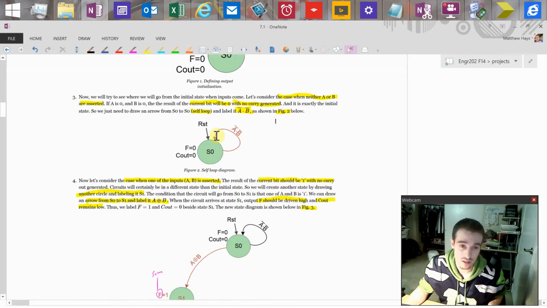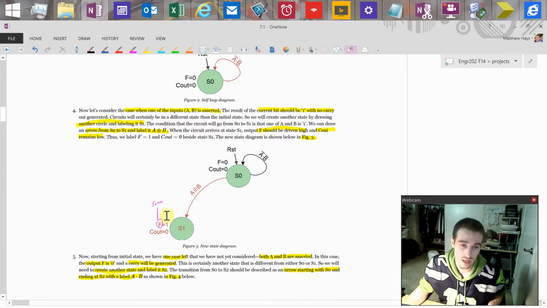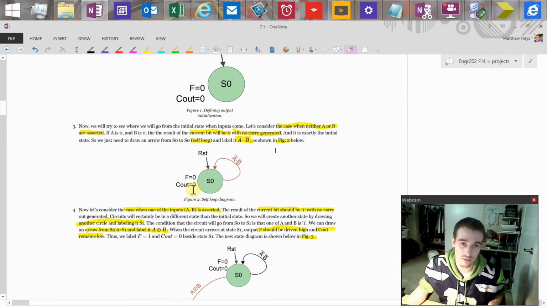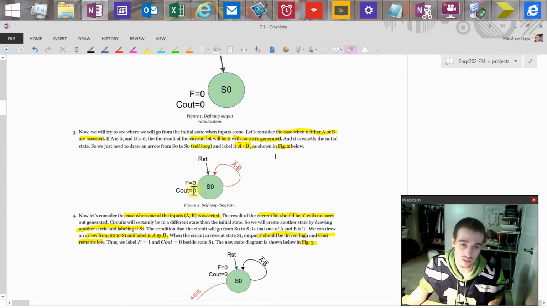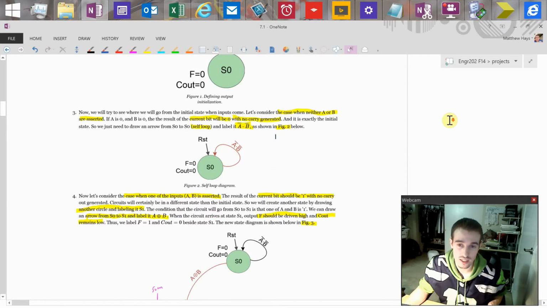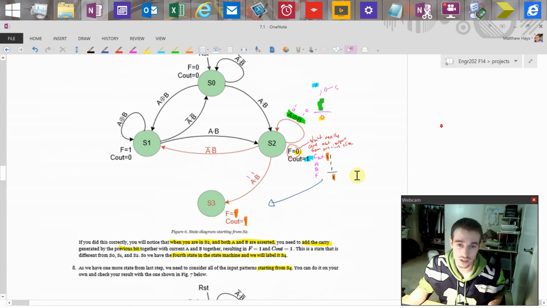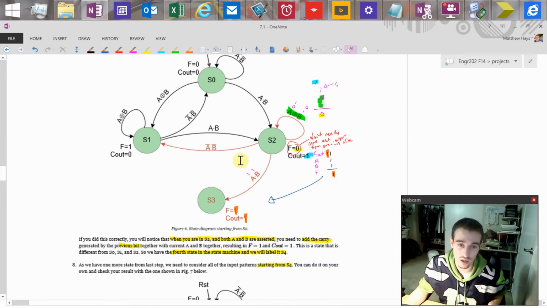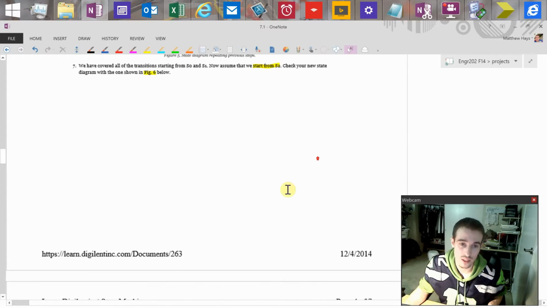If there's 0, 0 and F is 0 and cout, F doesn't matter. It doesn't matter what F is when you're doing the addition to figure out what cout would be. But if you actually do the addition on the side, I did it on a couple of them, you can figure out what your next state's supposed to be.